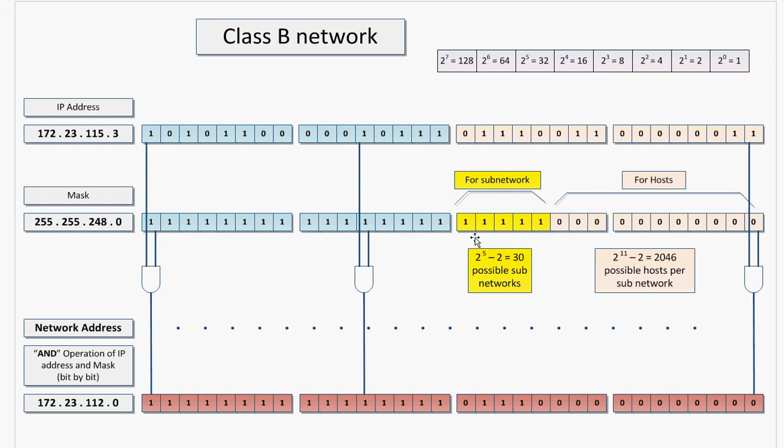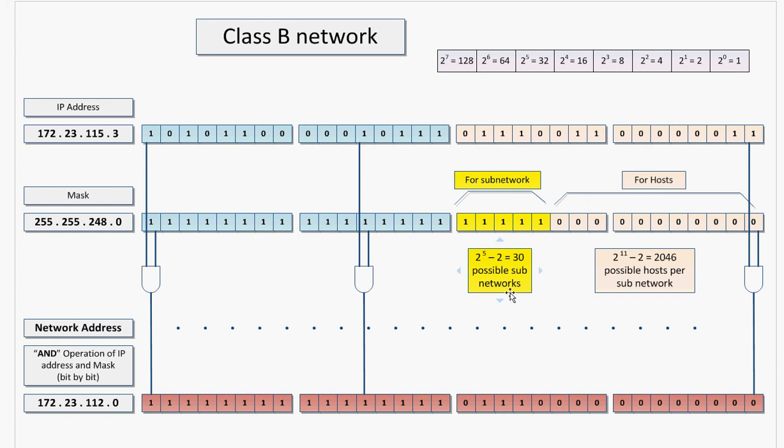Based on this mask, I can say that 248 is the summation of these 5 bits in decimal form. So here 5 bits are used for the subnet, and the remaining 11 bits are used for the host portion.